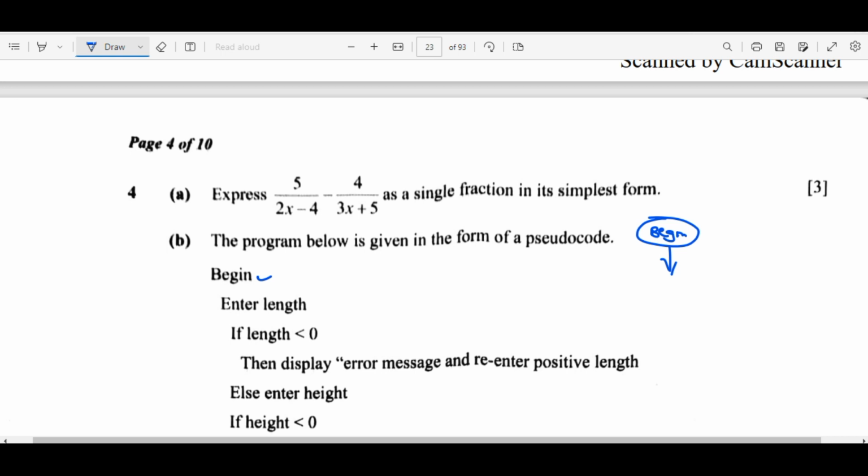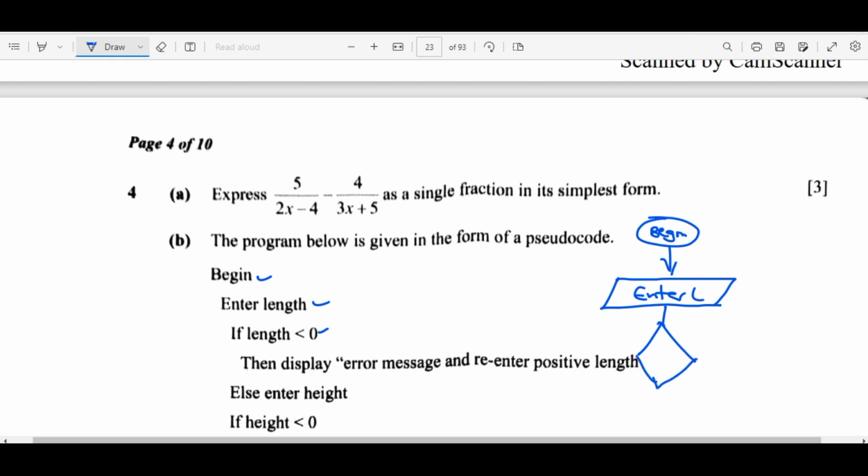That is a parallelogram, so we write enter L, which is length. Then if length less than 0, here it is a decision box, that is a diamond, so we are going to make a decision.